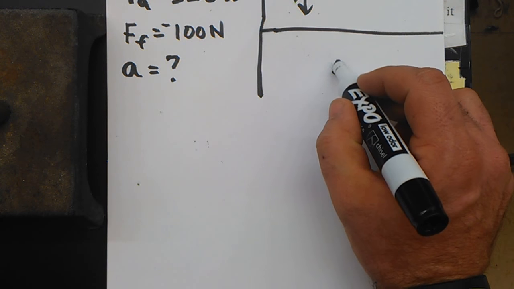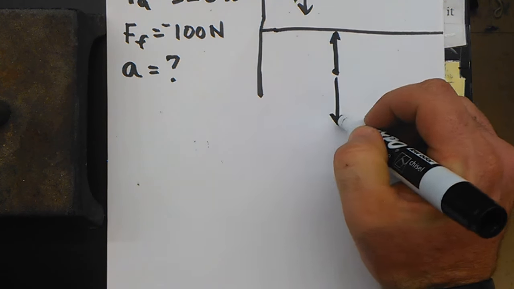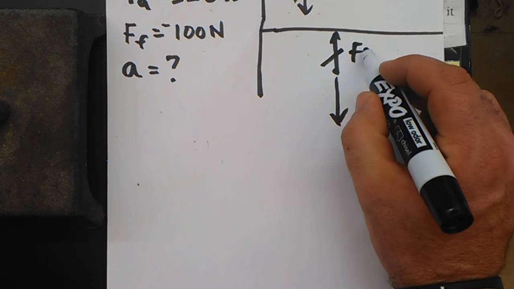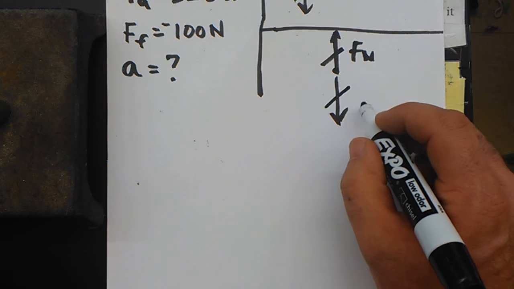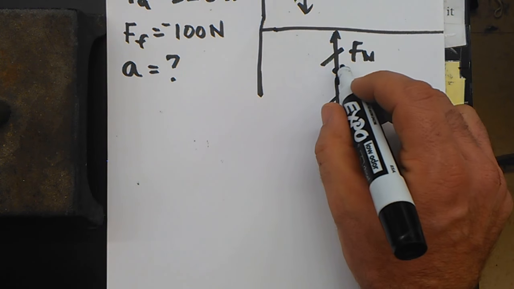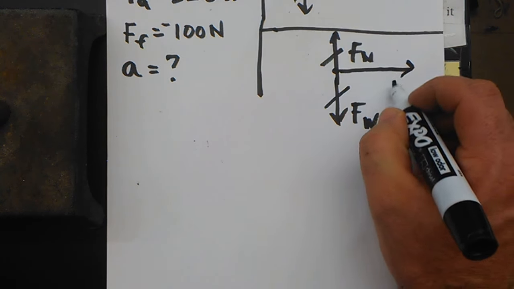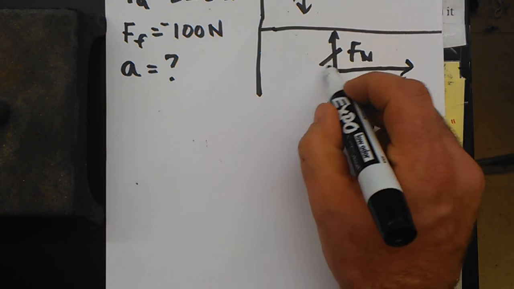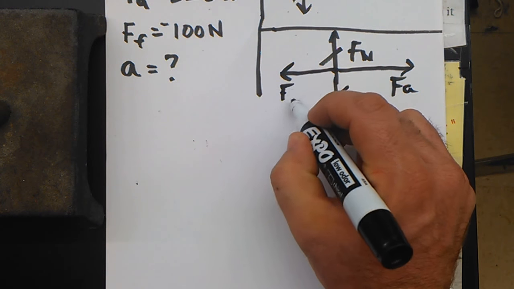Now, I would go ahead and get a free body diagram going on that. So here's my car. The normal force and the weight cancel, and I've got an applied force and I've got a frictional force.